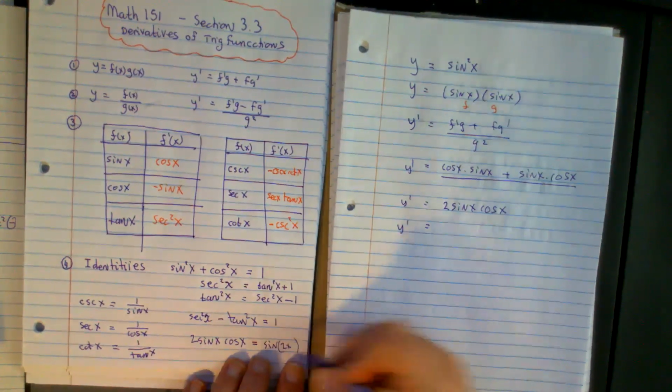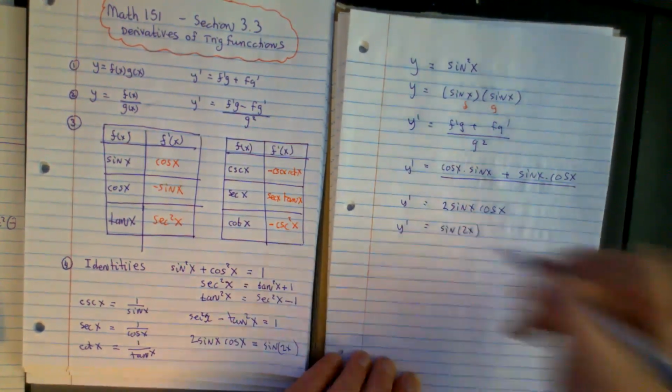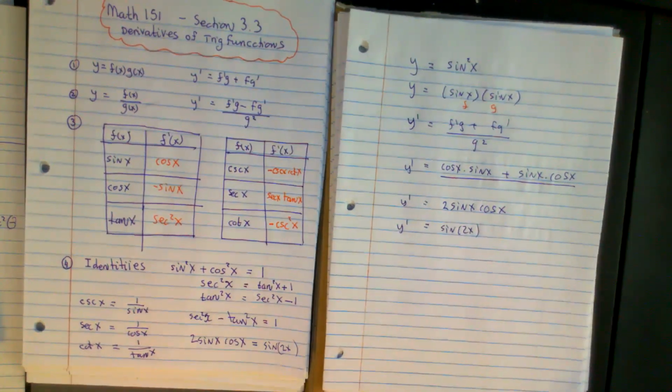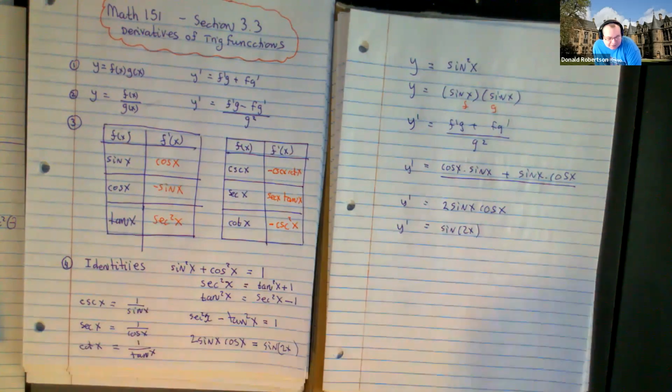Yes. This little list of identities is going to grow bigger. Now I put poor Izzy through the ringer, she's probably going to remember forever now that 2 sine x cosine x is sine 2x because it'll bring back bad memories. But at least we've got something.